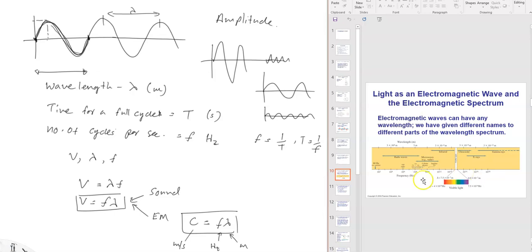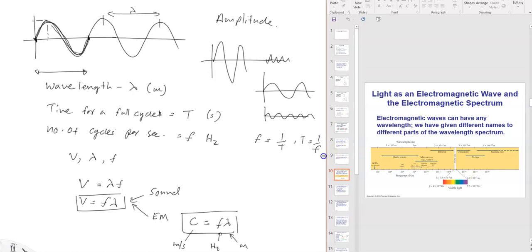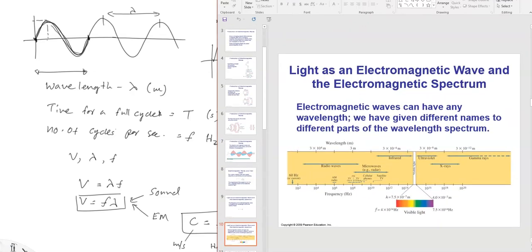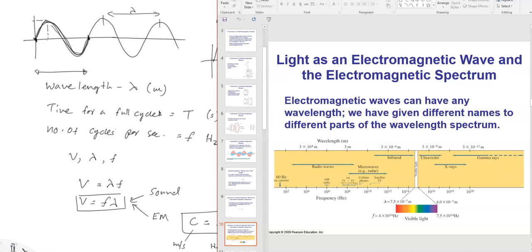Let me see if I can make it bigger. Alright, so here you see that in the bottom row, all the frequencies are increasing to the right, starting from 10^0 going all the way to 10^20. At the same time, wavelength is decreasing.